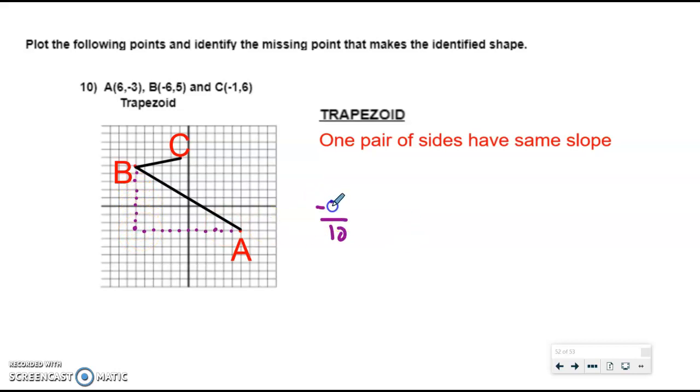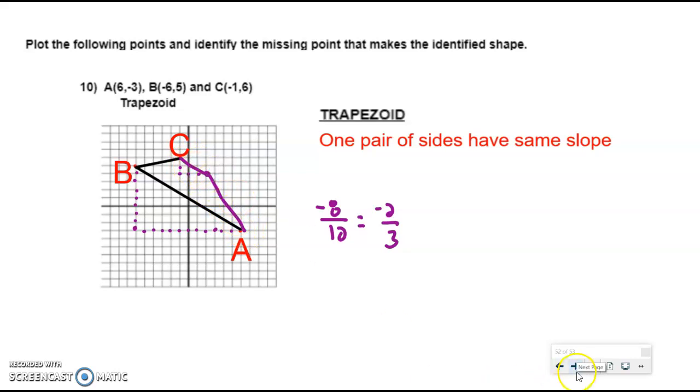So that slope is negative 8 over 12 to get from A to B. Okay? CD is going to have the same slope because only one pair of sides are the same. If I do negative 8 over 12, it's not going to give me that same shape. It's actually going to give me a parallelogram. If I simplify that, 4 goes into both of them, negative 2 over 3. So from point C, I can go down 1, 2 over 1, 2, 3. That's going to create a trapezoid. Now, there's a whole bunch of other points that work, but that would be one of the points that works.